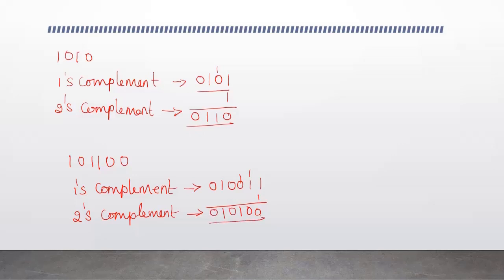So this 101010 is the 2's complement of the number 101100.